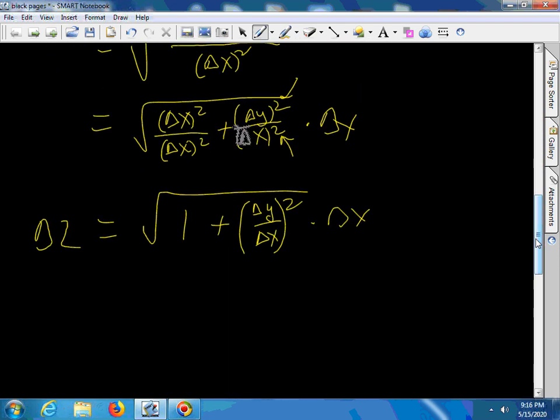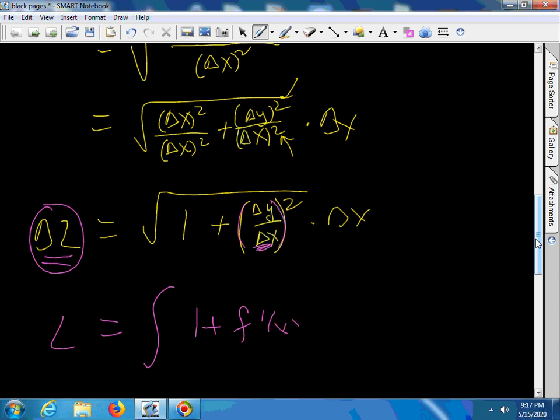We're going to use an integral. When we add up all the delta L's, we get the whole arc length. When we integrate, we're taking the limit as delta x goes to 0. So this fraction is just the derivative, which needs to be squared, and in the limit, delta x becomes dx.